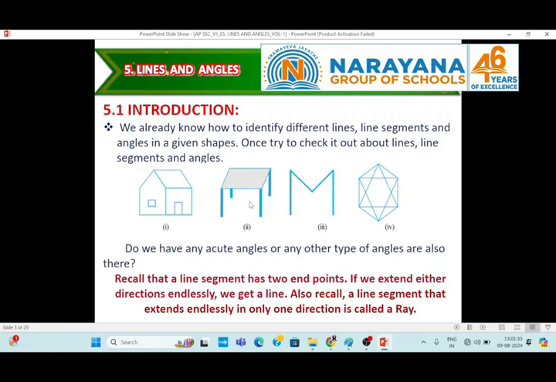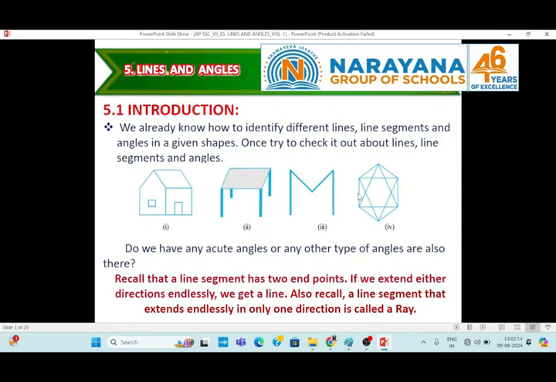Also, we can count where angles are possibly formed. For example, if a letter M is there, here one angle is possibly formed, and it is a reflex angle. Do we have any acute angles or other types of angles formed there?